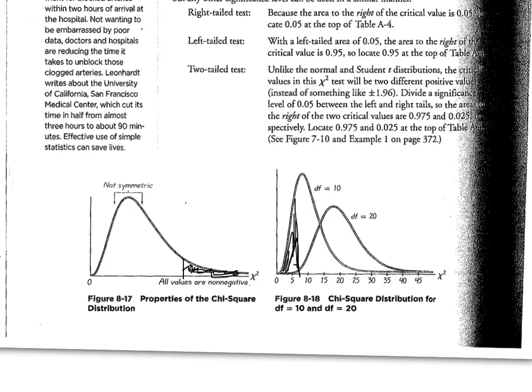And then there's still also a two-tailed test. Before, we used normal CDF or t CDF to find those p-values, and now we're going to use the chi-squared CDF function on our calculator, very similar to what we did before. We'll use that for the p-value.